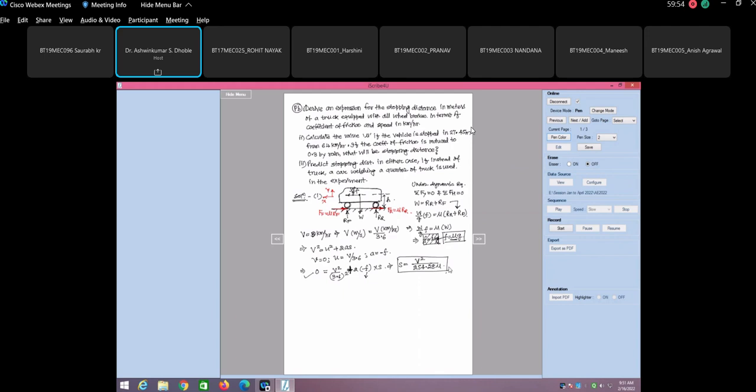So now the second case is if mu is equal to 0.3 and V is equal to 64 kilometer per hour, then S comes out to be 64 का square divided by 254.28 into 0.3.